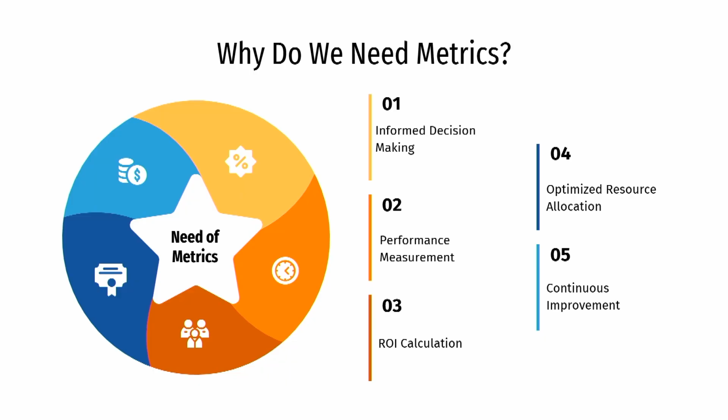Metrics also help us optimize the resource allocation. What is optimization? Optimization is nothing but maximizing or minimizing an objective function under a certain set of constraints by setting certain decision variables. In a business perspective, most of the time the objective function is maximizing the profitability.